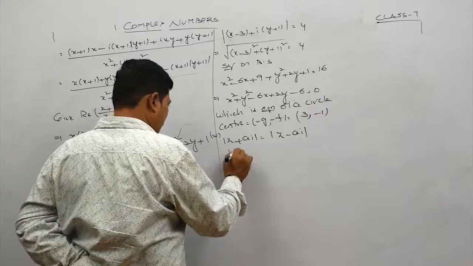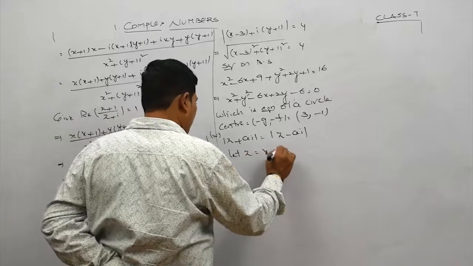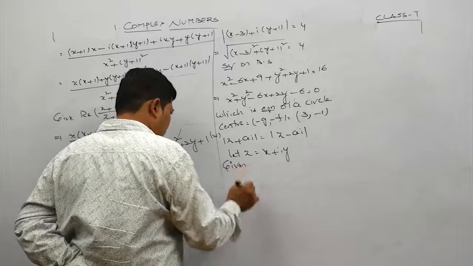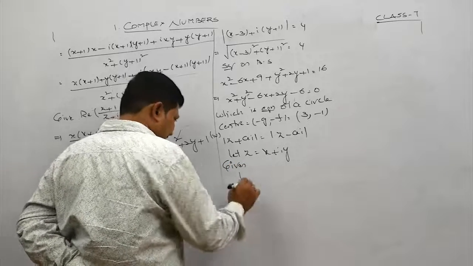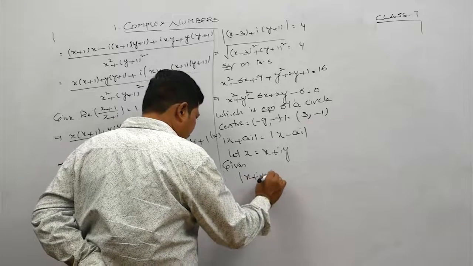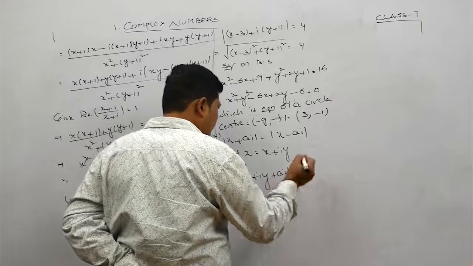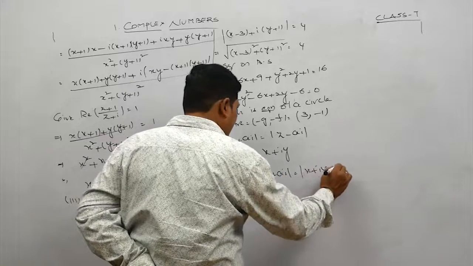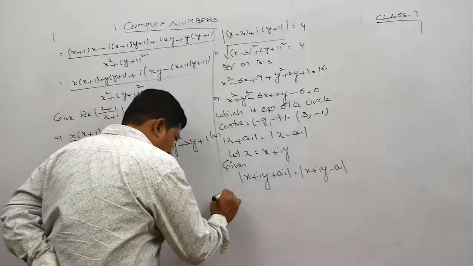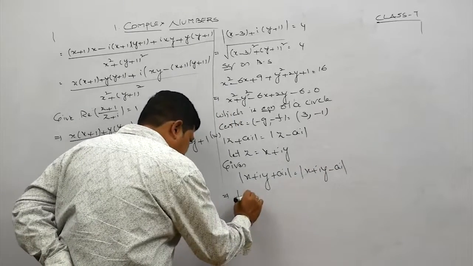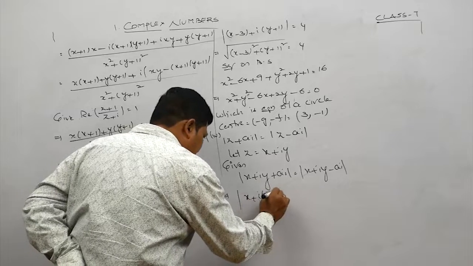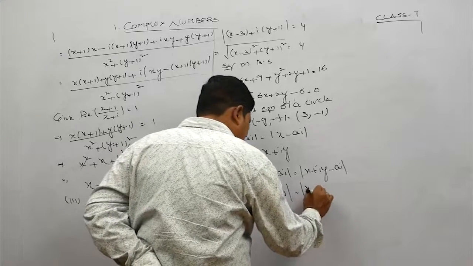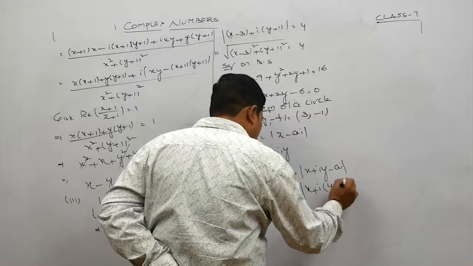So let z is equal to x plus iy as usual. Now mod given, so given |z + ai| = |z - ai|, that is |x + iy + ai| = |x + iy - ai|. This implies taking i common, |x + i(y + a)| = |x + i(y - a)|.